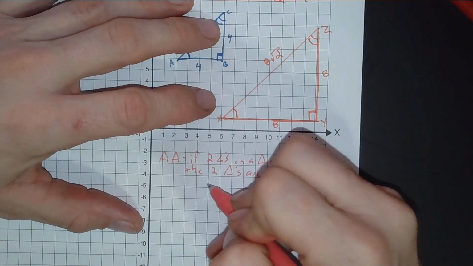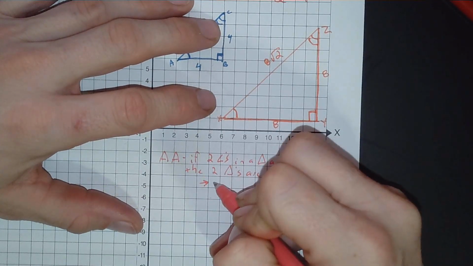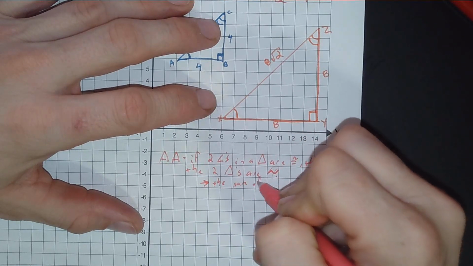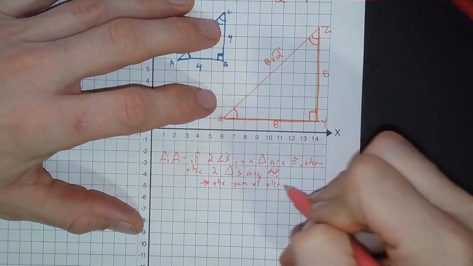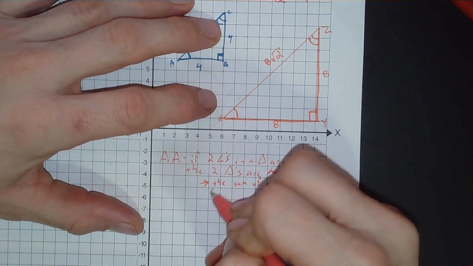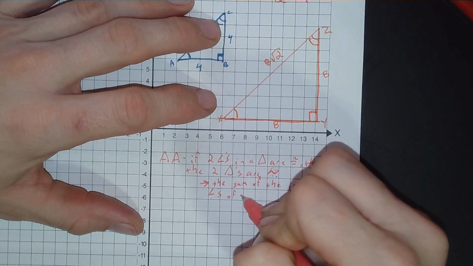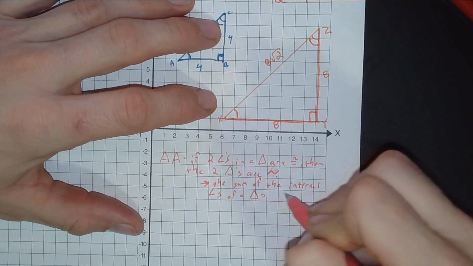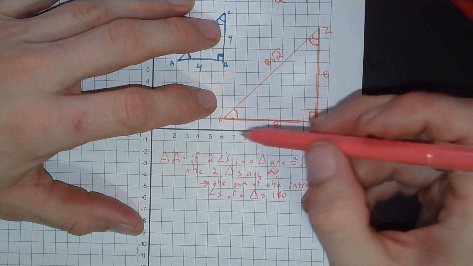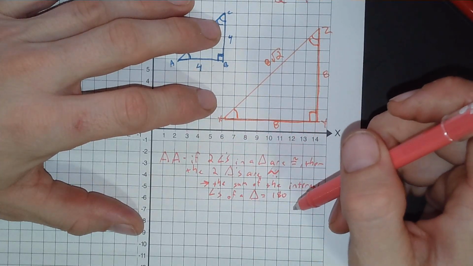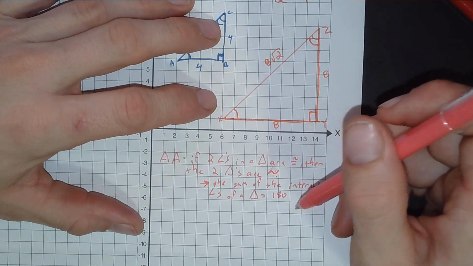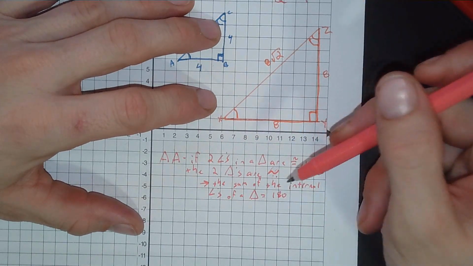And if you remember that the sum of the internal angles of a triangle equals 180 degrees, right?